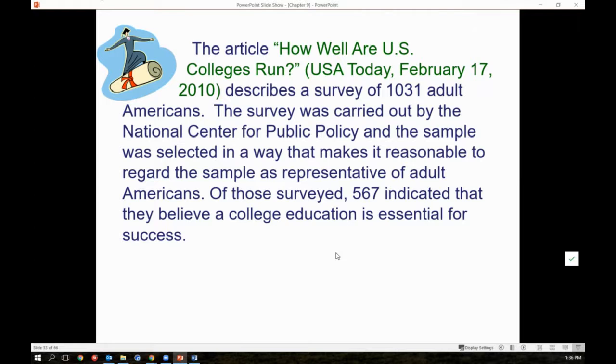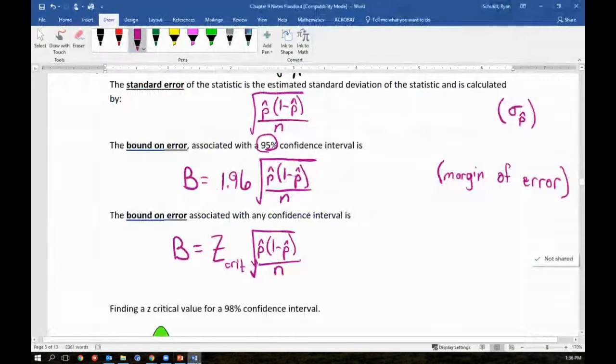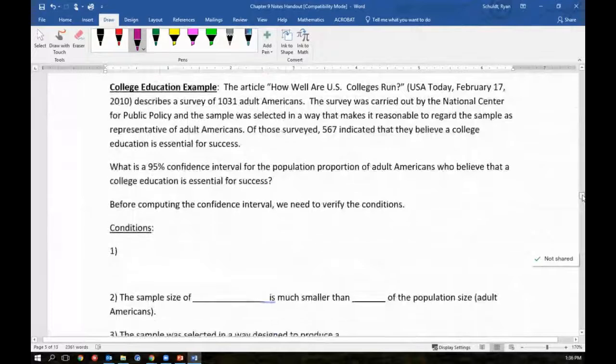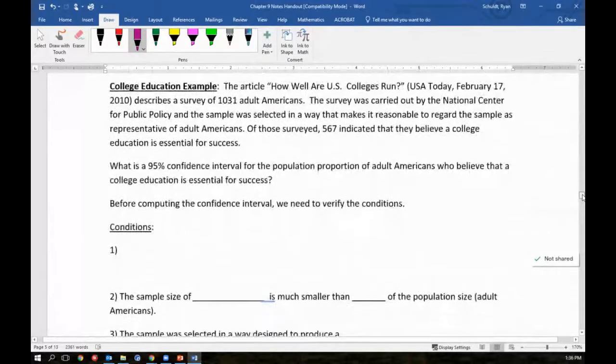Now, I don't like the estimate they gave, so I'm going to go back to Word so we can get a more accurate estimate. We're just going to do this whole example together. I'm going to write everything because in the PowerPoint, I don't like the numbers they give. They round too much.